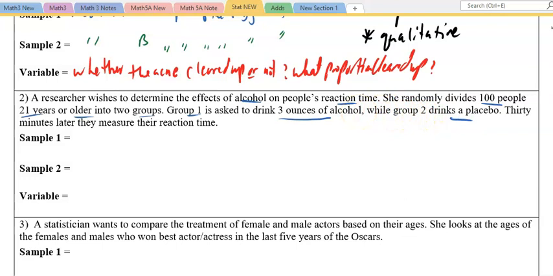So here, sample 1 would be the people 21 years or older who drink 3 ounces of alcohol.